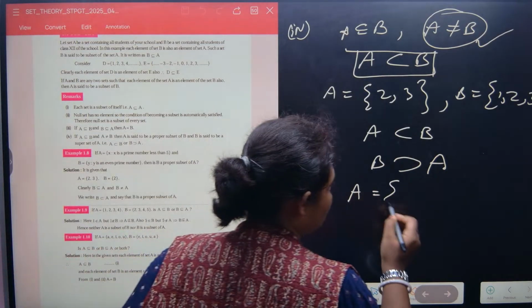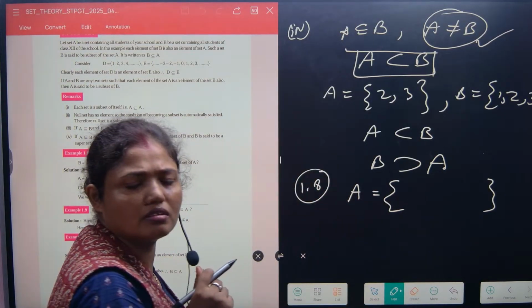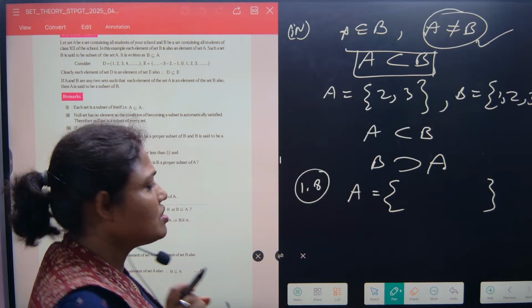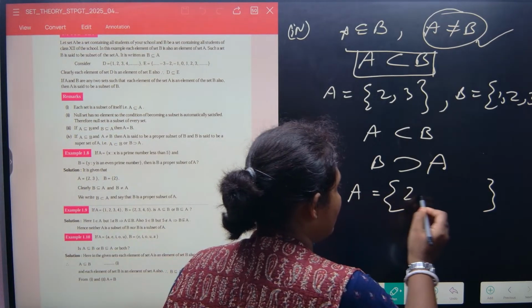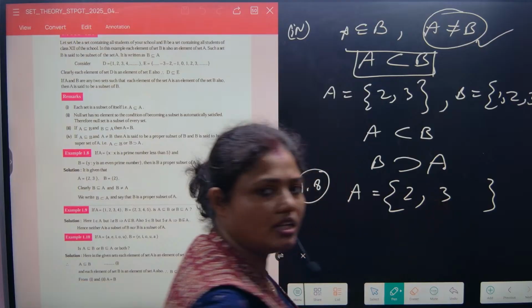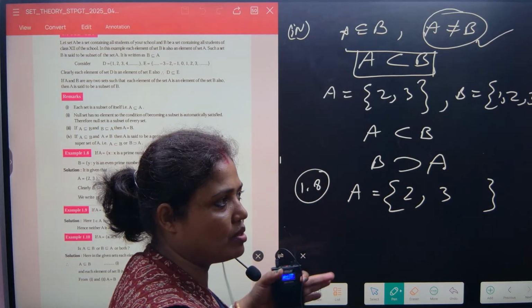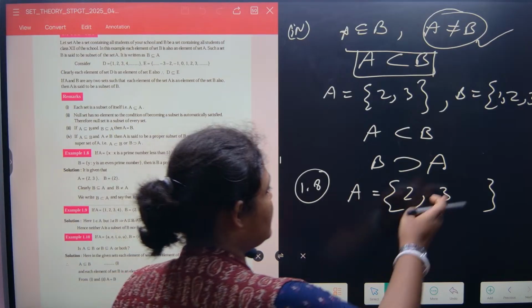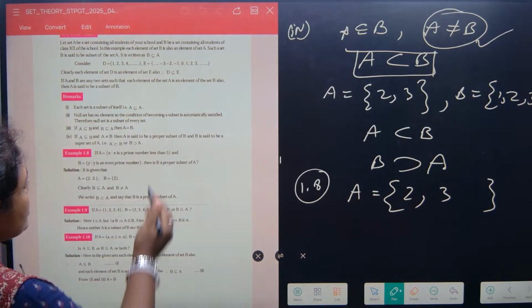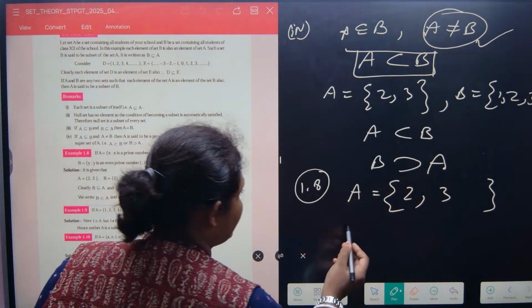So write the elements, prime numbers less than 5. So how many numbers we have? 2, 3, right? Prime numbers start from 2, then 3, 4 is an even number, then 5. It is not less than 5, so we can't write 5.